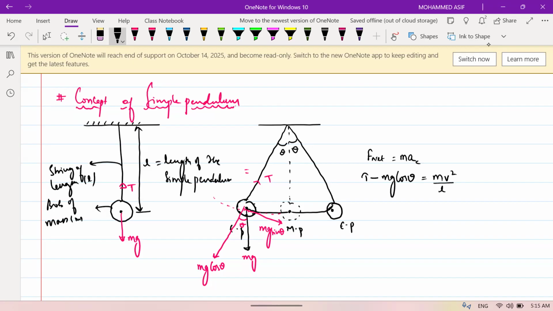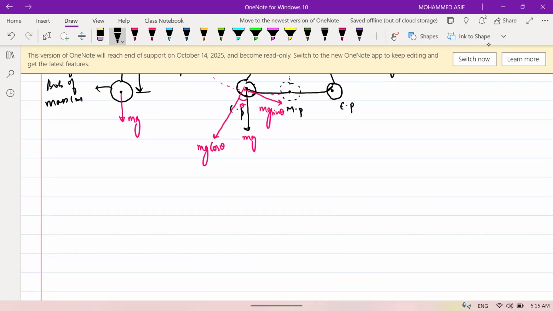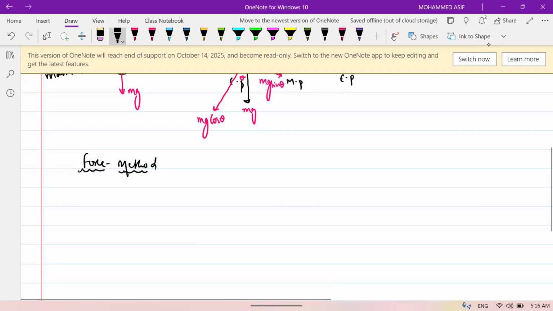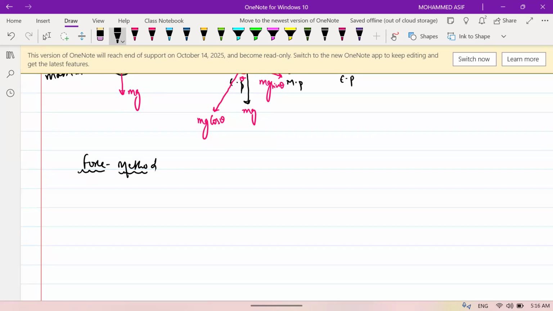Now let us try to do it by the force method. I'm simplifying this one by the force method. First one is your force method. Now tell me what is the force which is making the body come back? It is mg cos theta, sorry, mg sin theta. So F is equal to minus mg sin theta.